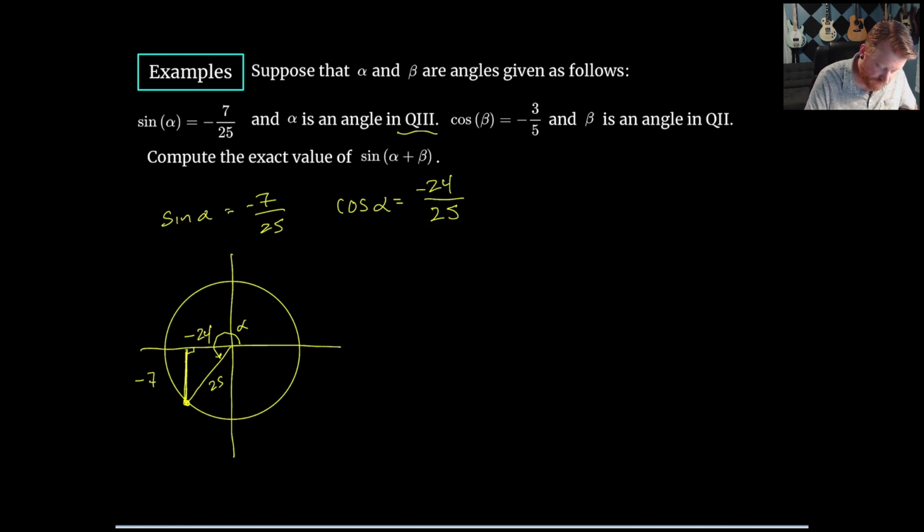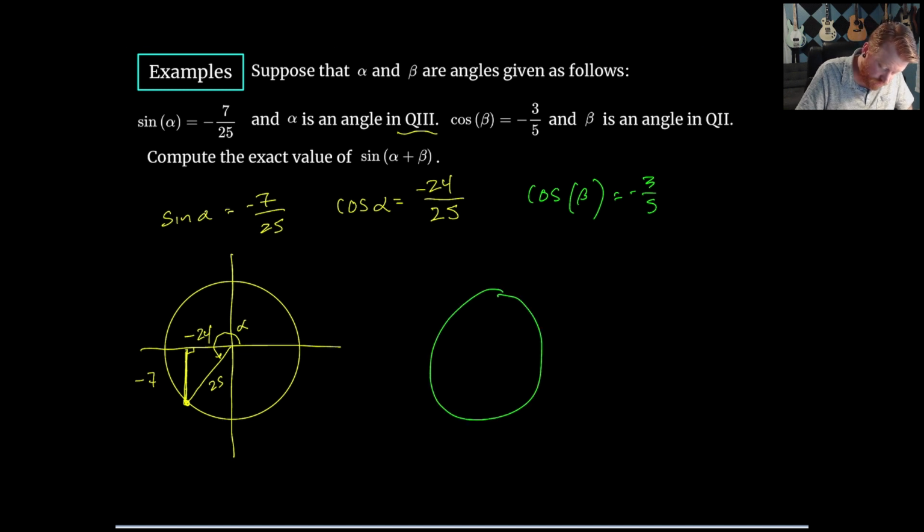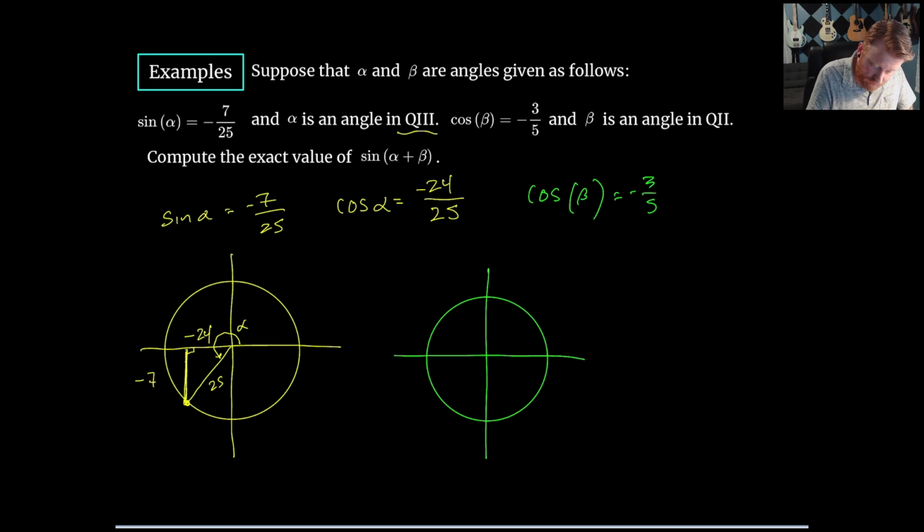Now we'll do the same thing for beta. So let's get rid of this. Let me change colors perhaps. I am told that the cosine of this angle beta is negative 3 over 5. Since we're going to need to do sine of alpha plus beta, we're going to need the sine of beta here. So let's think about this situation. We're told that beta is in quadrant 2, so just roughing in some generic beta here.